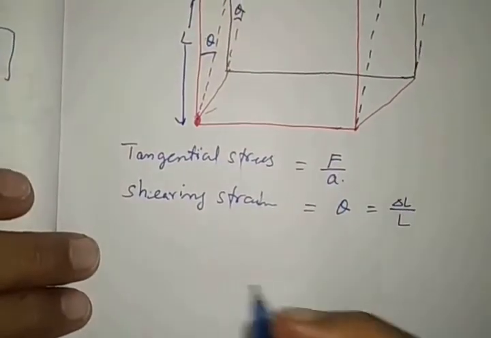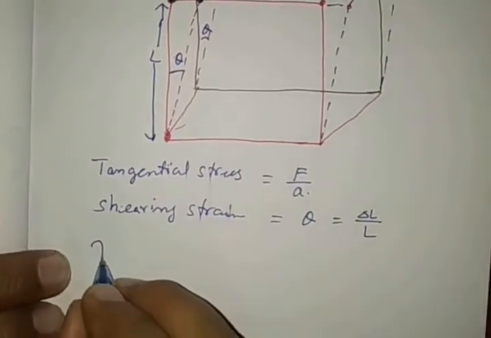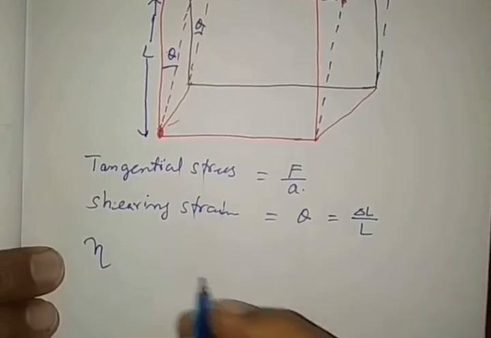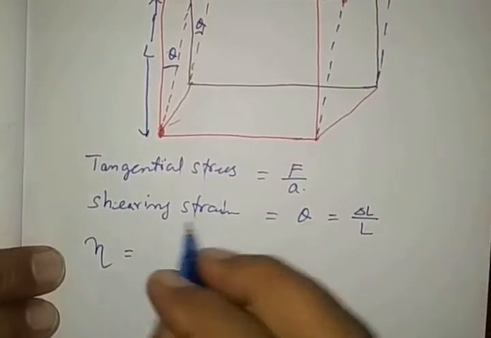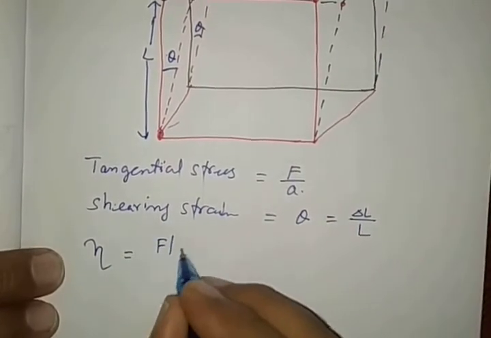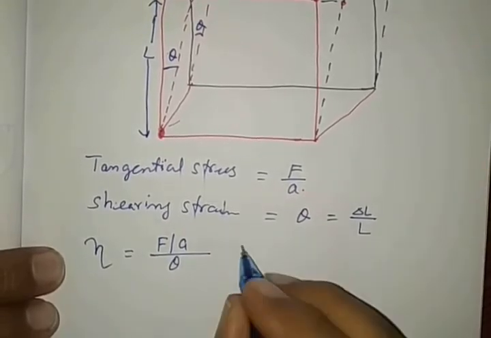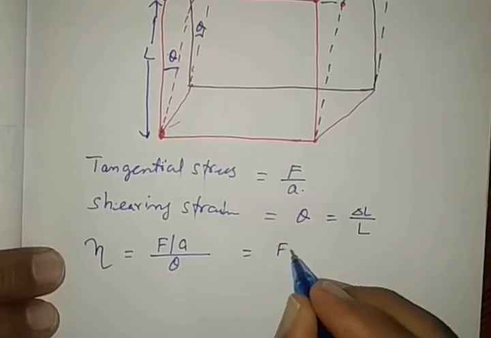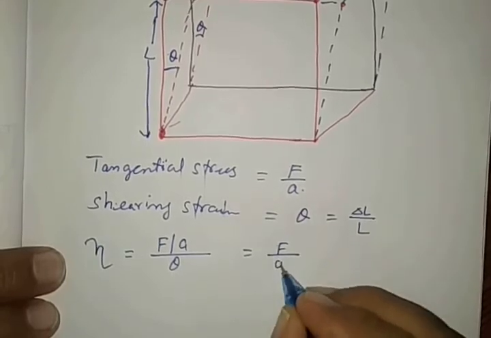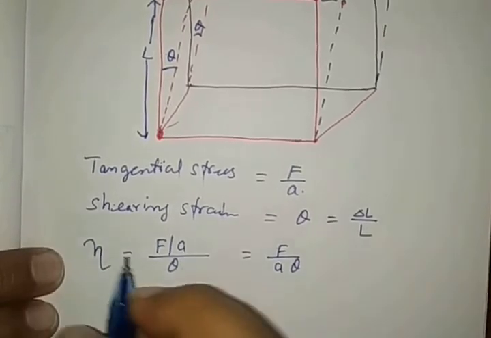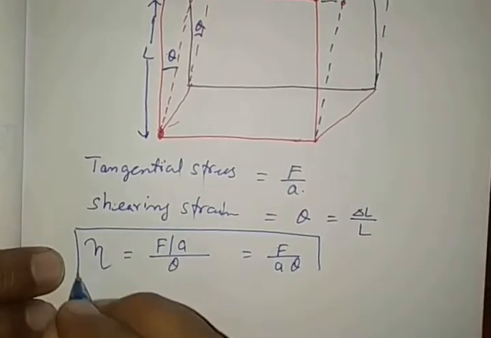By knowing these two values, we can obtain the modulus of rigidity eta is equal to tangential stress, force upon area, by theta, or F by A theta in this formula.